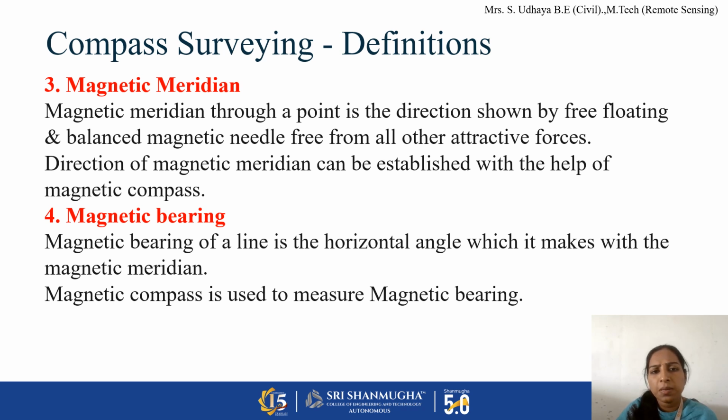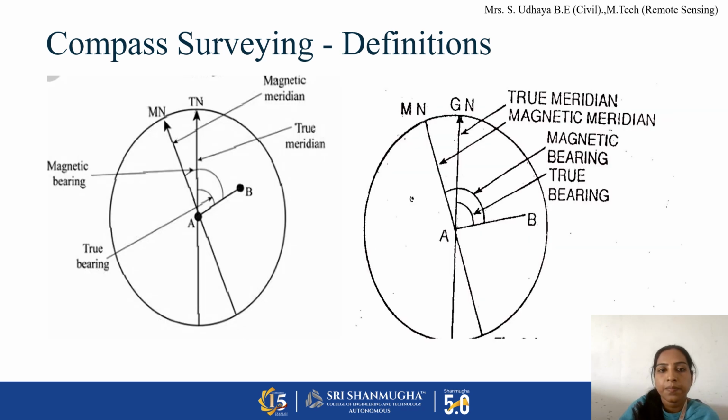Now coming to magnetic bearing. Magnetic bearing is the horizontal angle which a line makes with the magnetic meridian. That is, from our magnetic north, which is shown by the magnetic needle, a horizontal angle can be determined. That horizontal angle is called magnetic bearing.